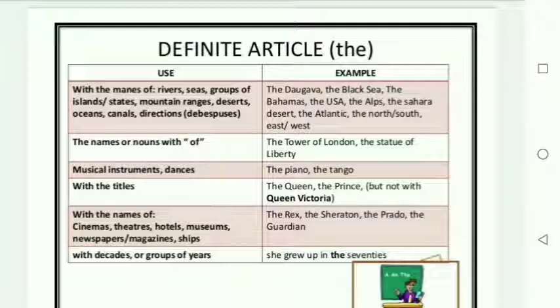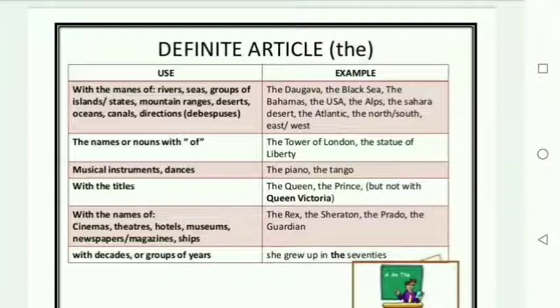Next is names of nouns with of: the Tower of London, the Statue of Liberty. Here we are talking about a specific statue which is present in the US, or the statue is signifying something. So in that case we are again using the. Use the in front of musical instruments or dances, and with titles like the Queen, the Prince.